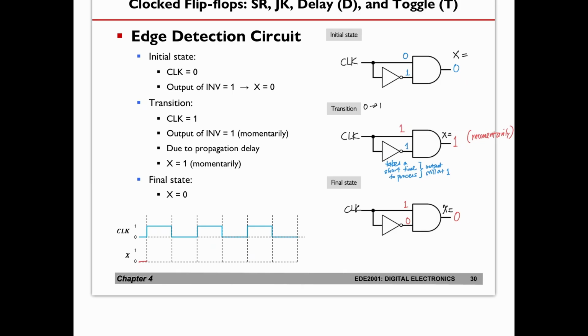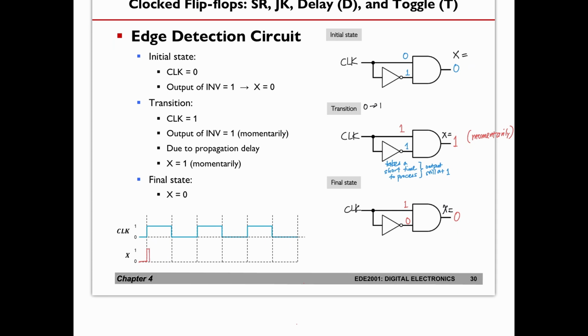When clock is a 1, the output is a 1. So there will be one short moment whereby the output X is equal to a 1. Then after that propagation delay of the NOT gate, the output of the NOT gate becomes a 0 and the output of X becomes a 0. So this is how it looks.